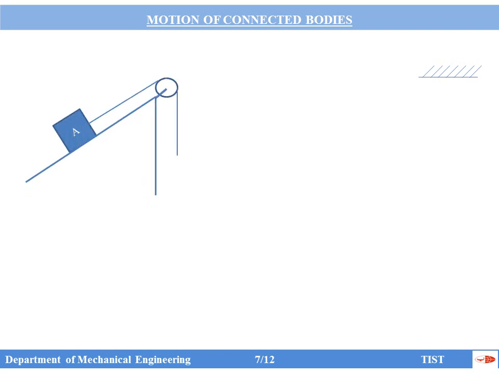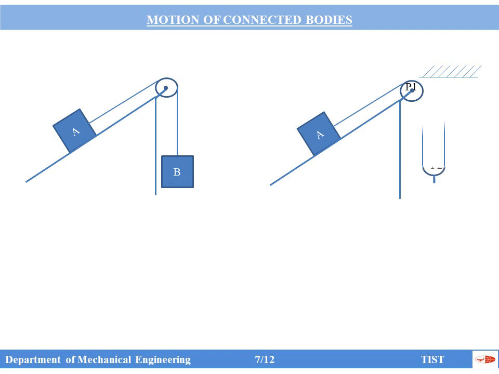You can have an inclined plane also, a connected body system. Here block A is on an inclined plane and block B is free from the surface. In the second figure, block A is on the inclined plane and block B is connected by two pulleys or two strings.